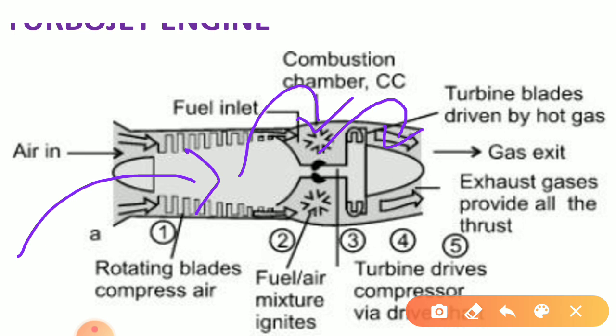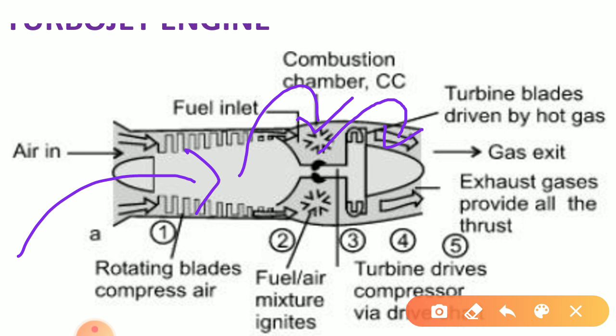After the expansion of these gases on the turbine, they are exhausted from the rear end of the engine, which has a nozzle shape, because of which the gases leave at very high velocity. The effect of that is that thrust is produced in the opposite direction.